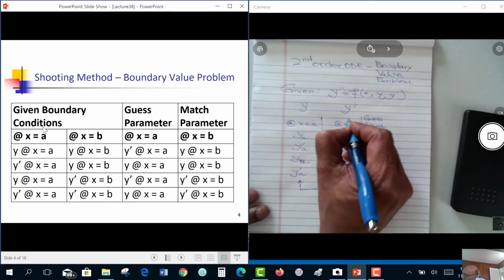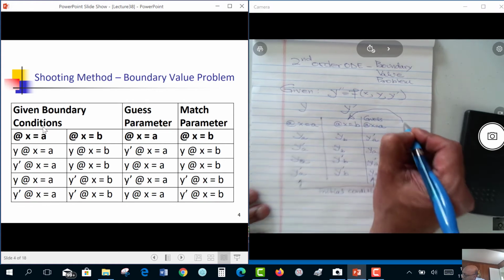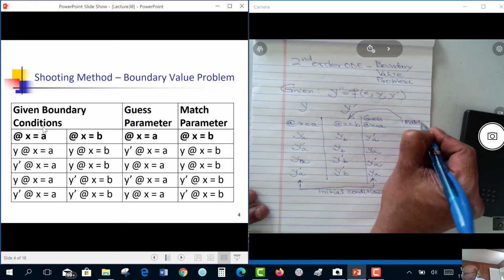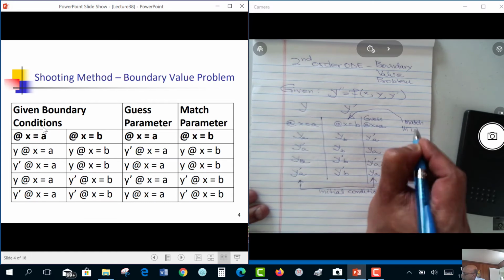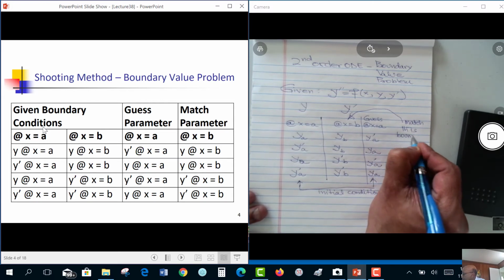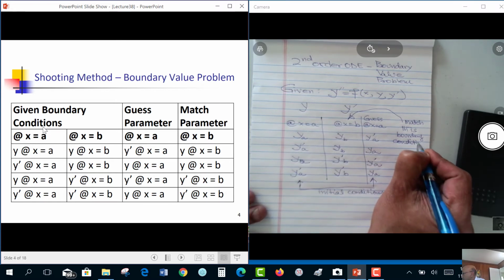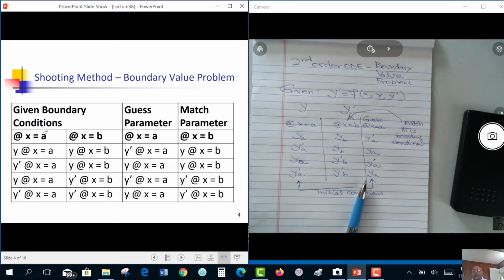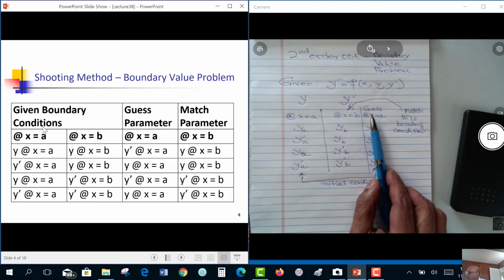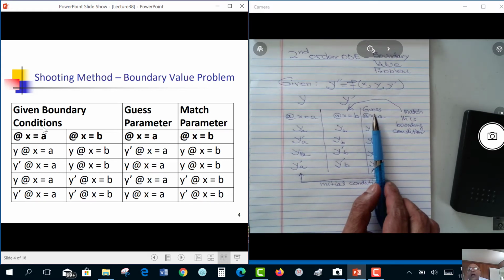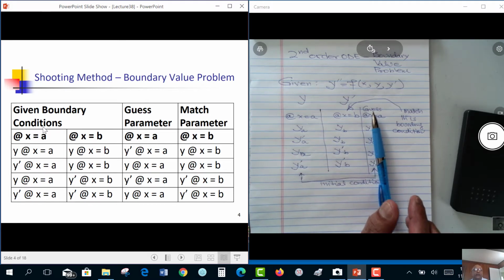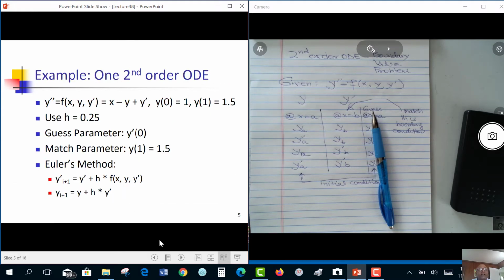And then this becomes our match parameter: match this boundary condition. We will then need to see how we can generate a series of better and better guesses. That is what is called the shooting method. So it's like a trial and error method.